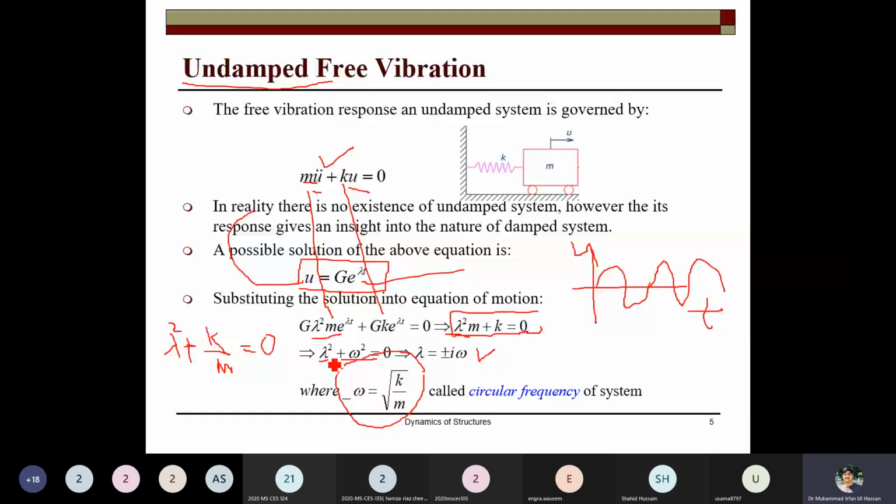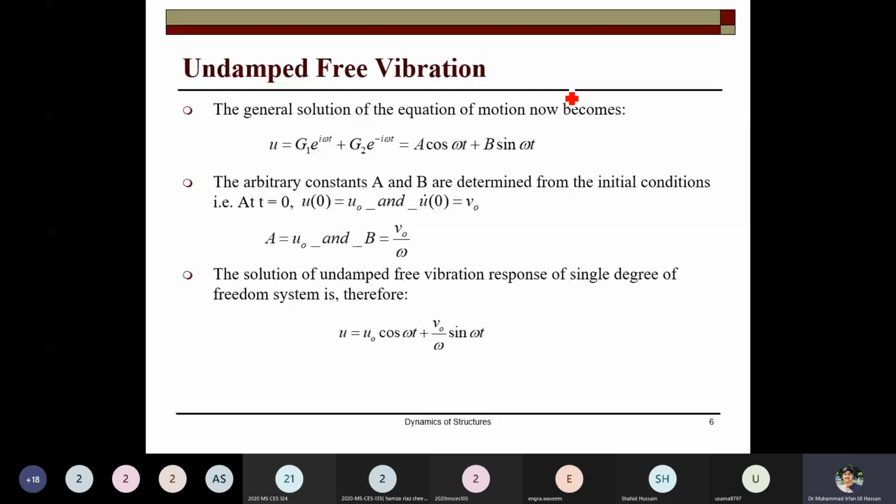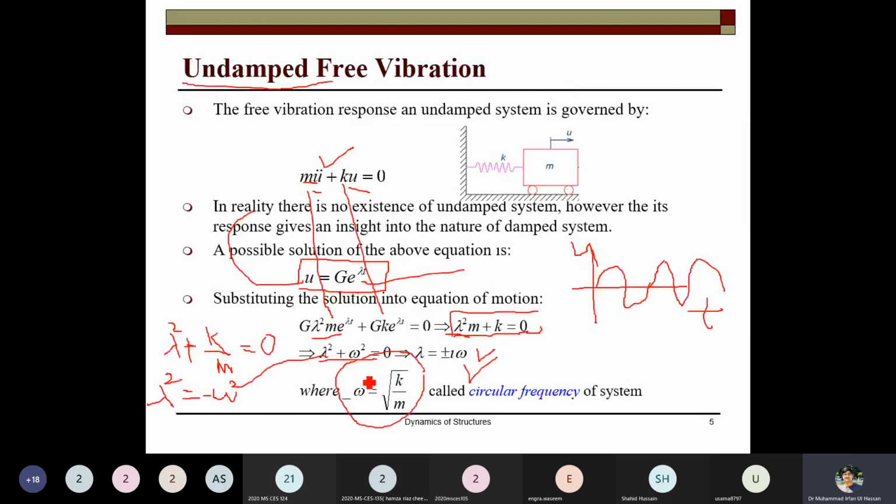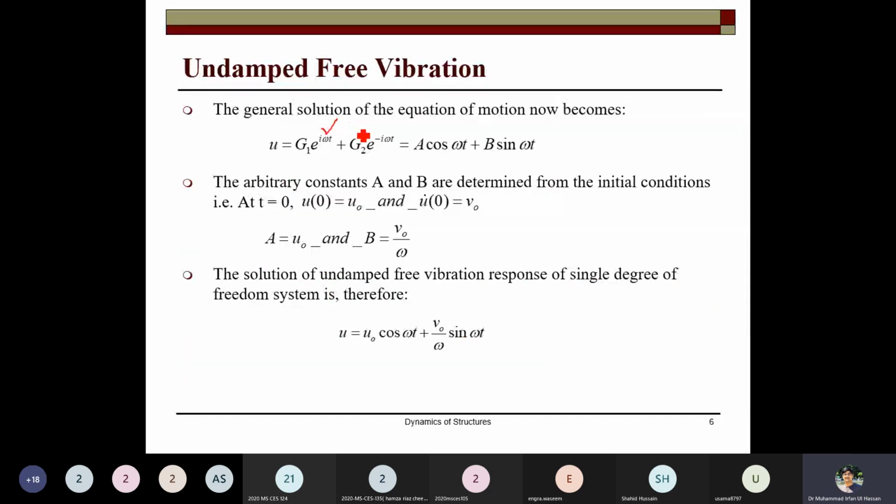Once the two roots are obtained, the solution can be written in terms of two parameters: G1 e raised to power i omega t plus G2 e raised to power minus i omega t, because one root is i omega and the other is minus i omega.